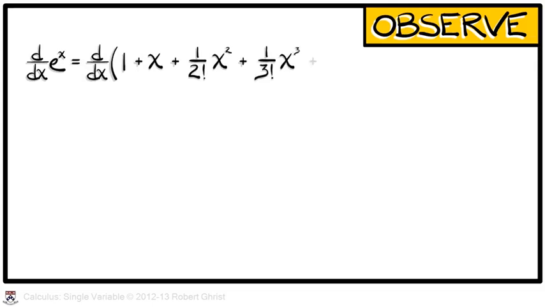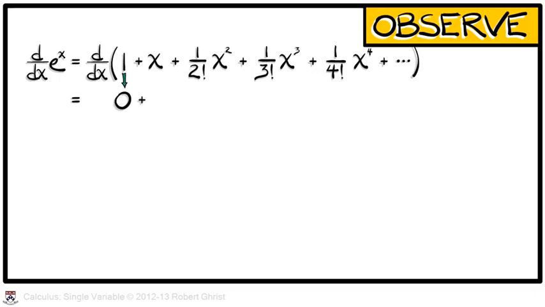Given these facts about polynomials, let's see what we can observe about e to the x. For example, if we tried to differentiate e to the x by using our definition, then what would we obtain? Well, thinking of e to the x as a long polynomial in x allows us to apply what we already know. For example, what is the derivative of 1?